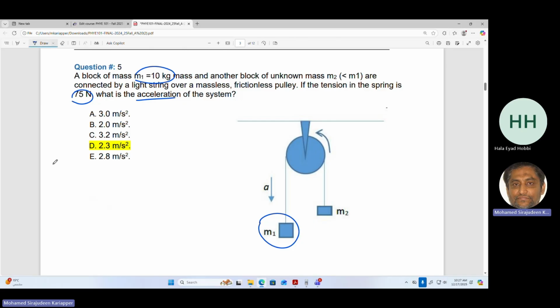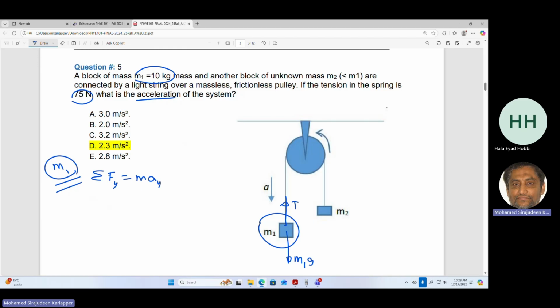Net force is equal to mass times acceleration in the vertical direction. What are the forces acting on m1? The tension will be pulling it up, and the gravitational force m1g will be pulling it down. Only those two forces, since it's not touching anything, so there are no contact forces.